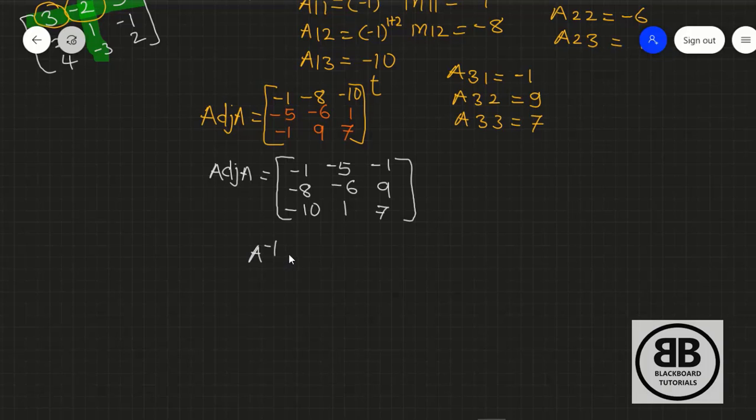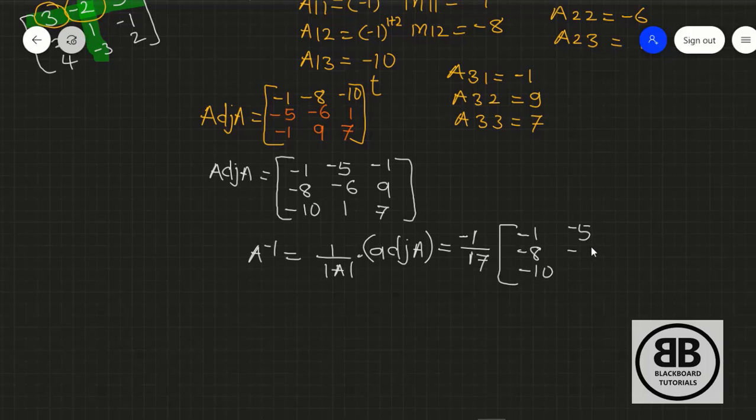Inverse is given by 1 upon determinant of A into adjoint of A. So this is equal to 1 upon, what was the determinant? Determinant was minus 17. So this will be minus 17 and adjoint is this matrix: minus 1, minus 8, minus 10, minus 5, minus 6, 1, minus 1, 9 and 7.